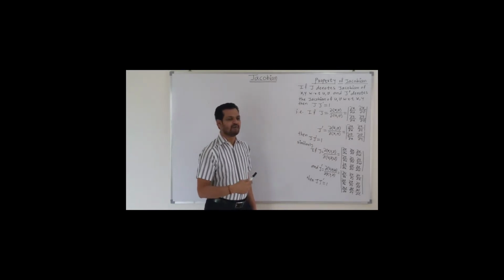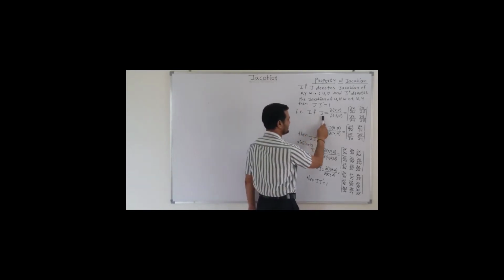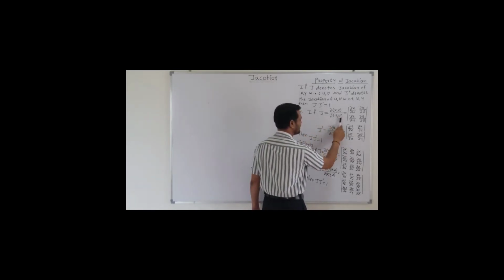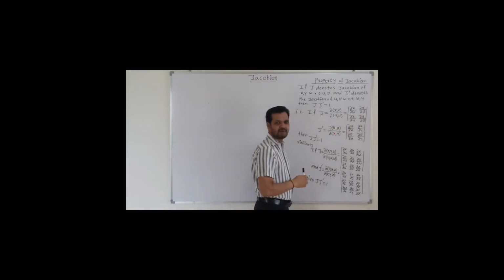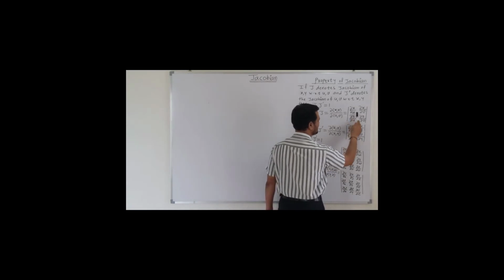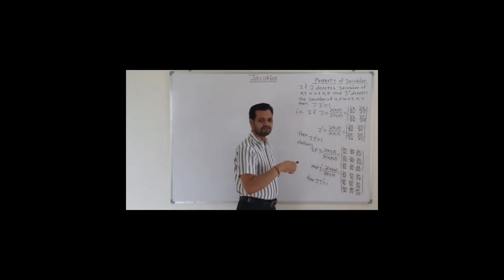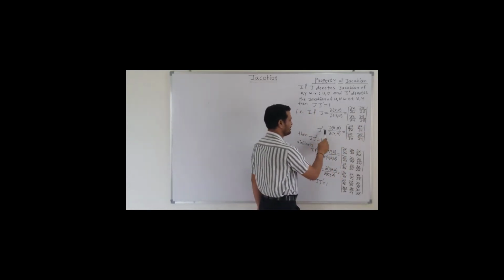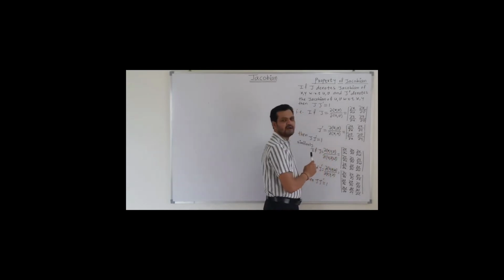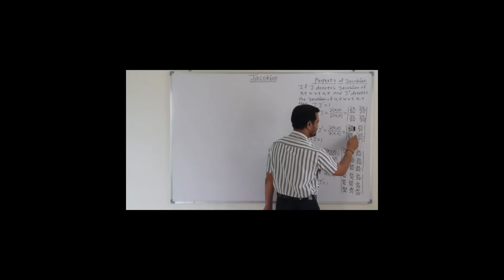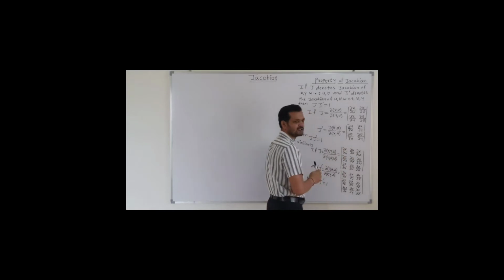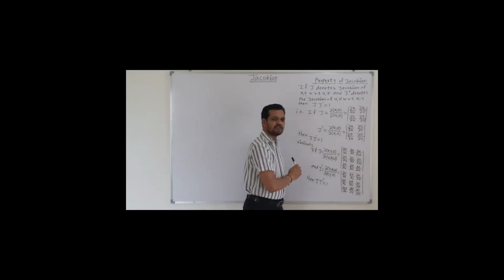In mathematical notation, J is the Jacobian of x, y with respect to u, v, and its definition is the functional determinant of the partial derivatives of x with respect to u and v and of y with respect to u and v. Similarly, J dash is the Jacobian of u, v with respect to x, y, and its definition is the functional determinant of the partial derivatives of u with respect to x, y and of v with respect to x, y. Then J into J dash is 1.